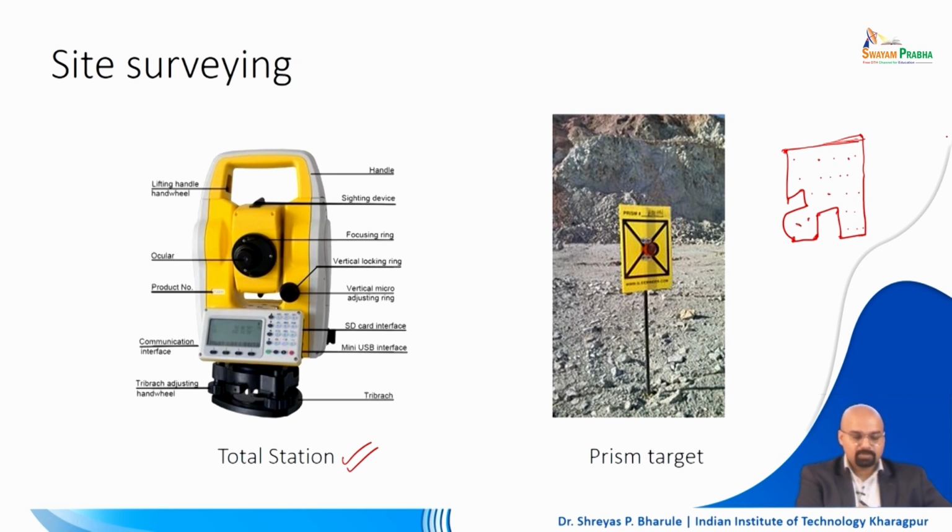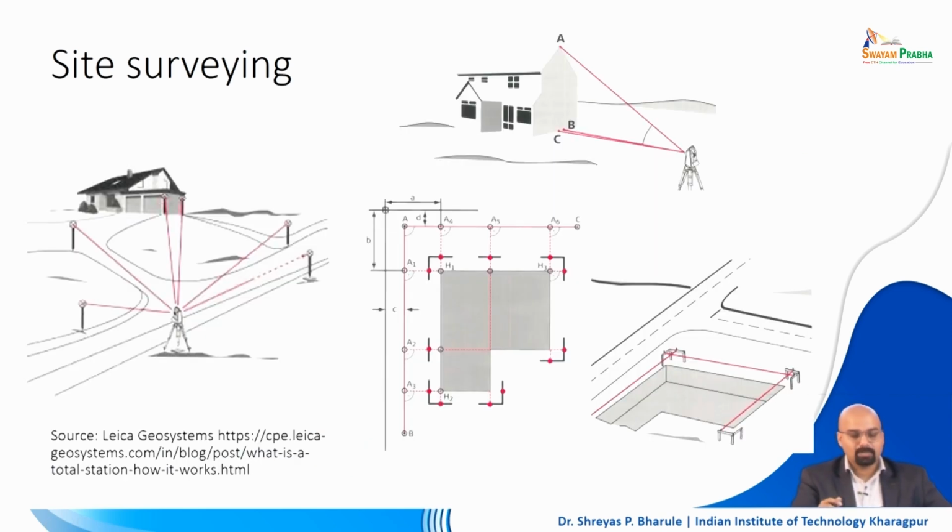This particular instrument, you can see through this ocular. To observe on the other side, you have to identify this particular point which will be placed at a distance, right. So, just to give you additional context, this is somewhat how you go and measure the site. You have the total station placed at one location, and from there you start measuring reference points.